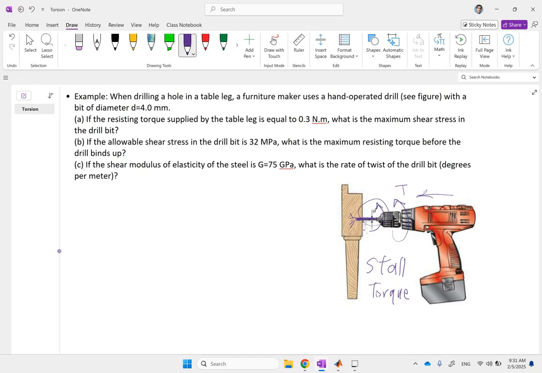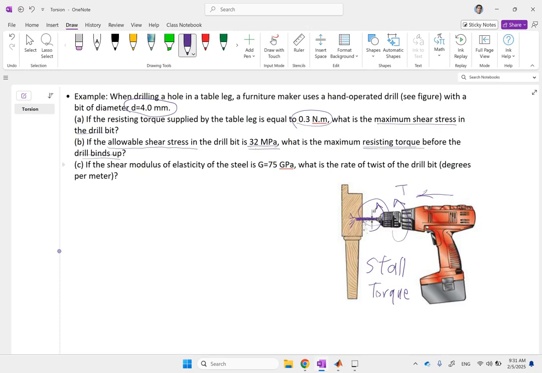Now here we assume that the drill bit diameter is 4 millimeters and the resisting torque from this material is 0.3 Newton meter. You want to know what is the maximum shear stress in the drill bit? Then if the allowable shear stress for the drill bit based on this material is 32 megapascal, how much should the stall torque be before you start breaking and deforming the drill bit?